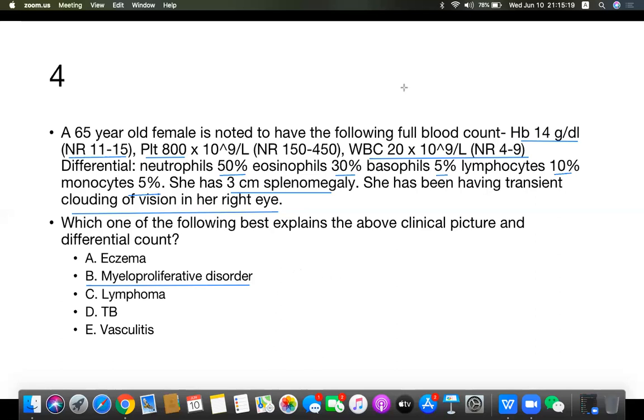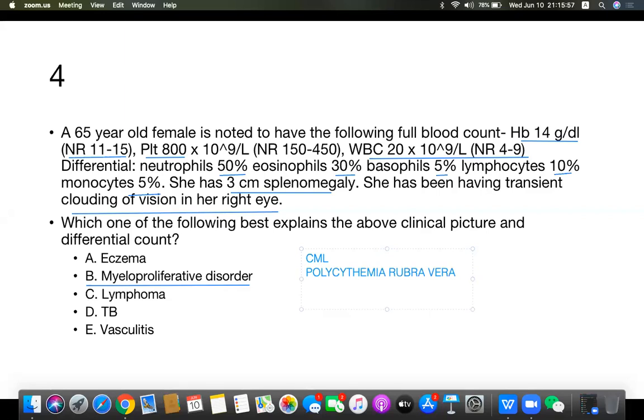Chronic myeloid leukemia. Now can anybody tell me what are the other myeloproliferative disorders? Sir, others are polycythemia vera, myelofibrosis, and thrombocythemia. Okay, very good. Let me write it so that other students would benefit. Polycythemia rubra vera is the second one.